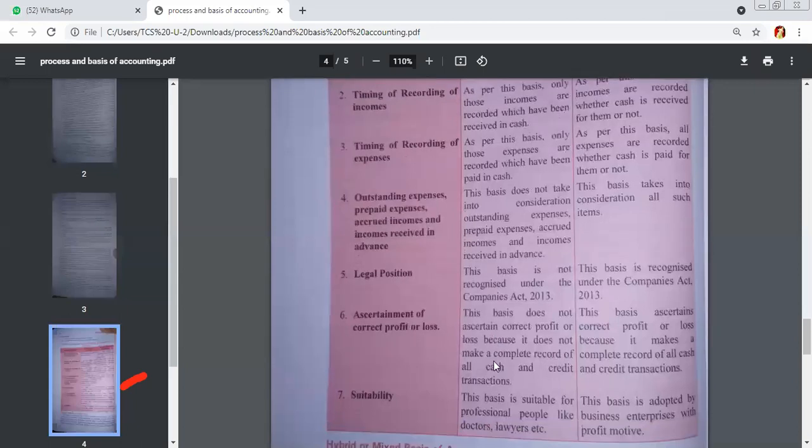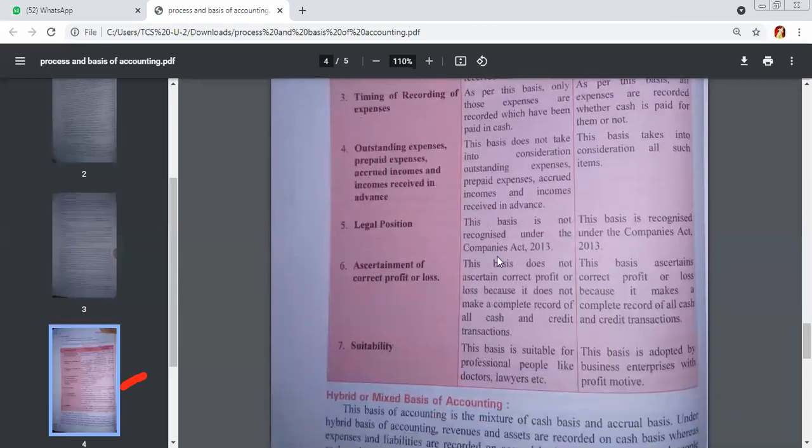With the help of the cash basis of accounting, one cannot ascertain the correct profit or loss, because it does not record the complete transactions, both cash as well as credit.